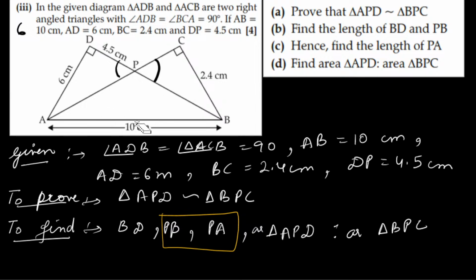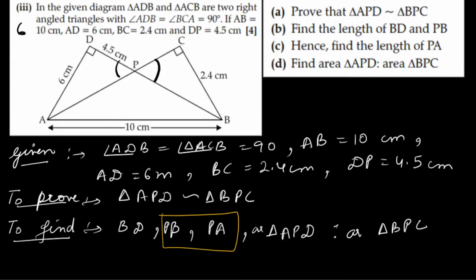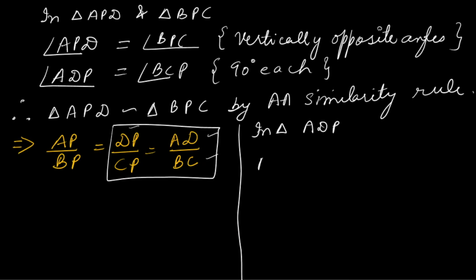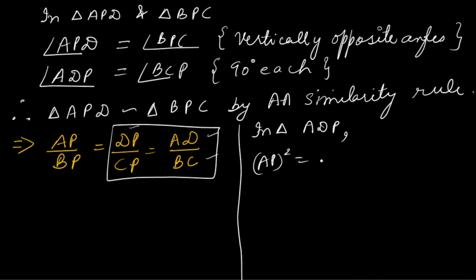I think in this first triangle ADP, as someone was suggesting, because two unknown sides are there. So this is first triangle. AP we can find using Pythagoras theorem. AP we can find. In triangle ADP, so AP square is equals to AD square plus DP square.